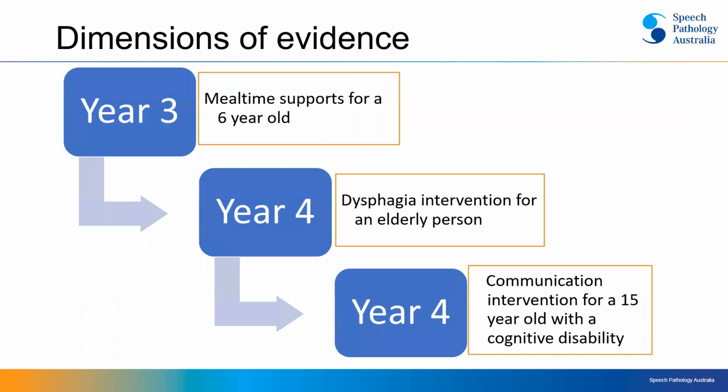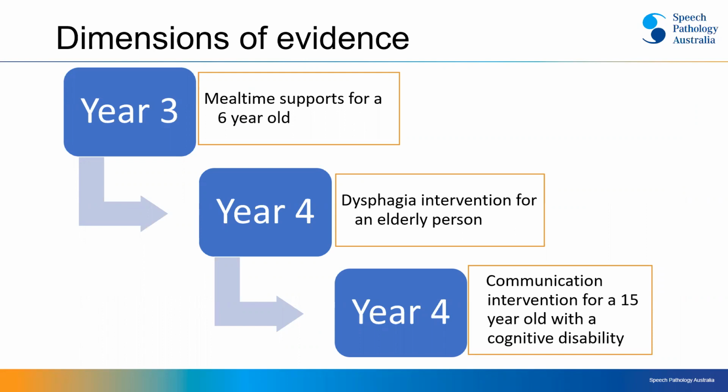For example, page 69 of Part 2 provides an example of assessment on intervention planning in various units in Years 3 and 4 of a program, but in different areas of communication and swallowing. This includes planning mealtime supports for a 6-year-old, planning dysphagia intervention for an elderly person, and planning a communication intervention for a 15-year-old with a cognitive disability.